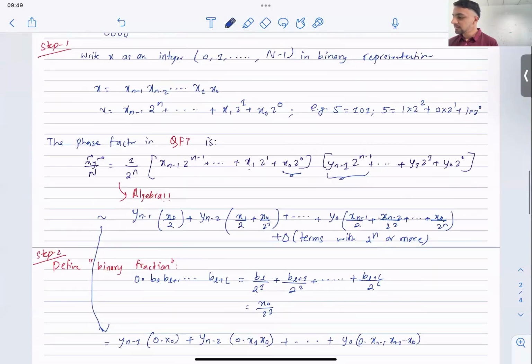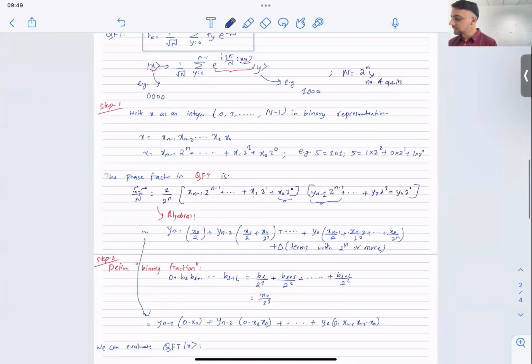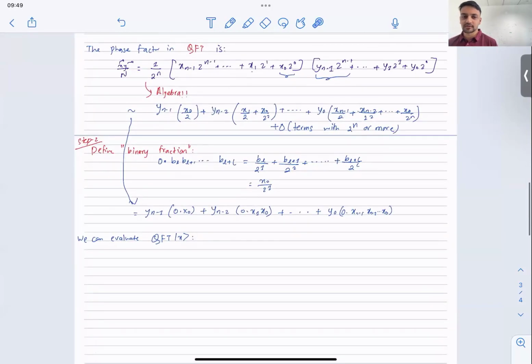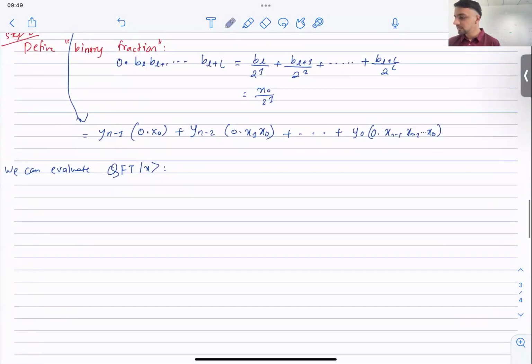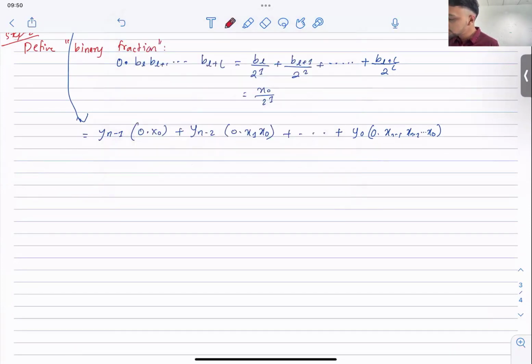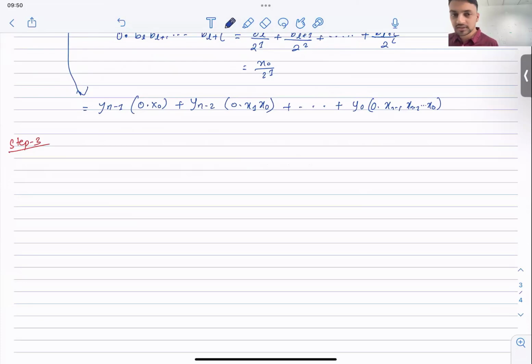Because now we have written down the definition of this phase factor into this form. We can evaluate this, and you'll see why we actually wrote this down. The entire purpose of doing this. Okay, so this will be my step 3 after I define my binary fraction. So step 3 is what I do.